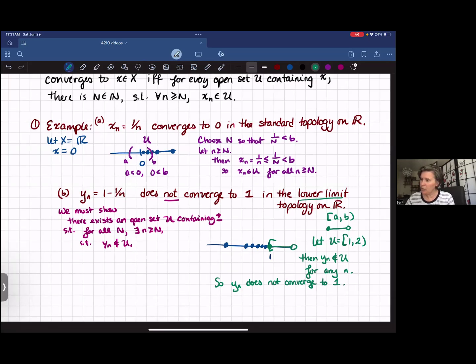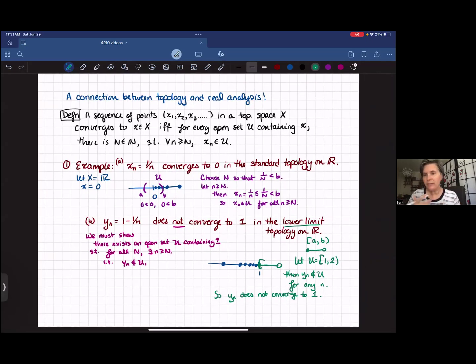So we have this connection with real analysis: we talk about limit points, and when talking about a sequence, we can talk about a sequence converging. In the standard topology on the reals, that turns out to be the same idea as the limit of a sequence in a real analysis class. But when you have a different topology, it might be a completely different concept of converging.